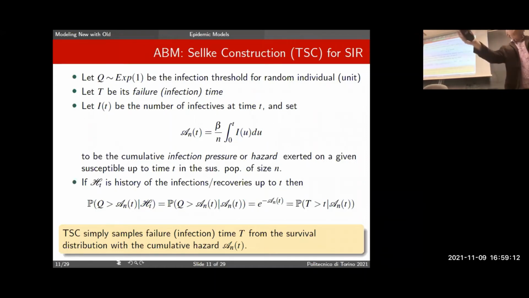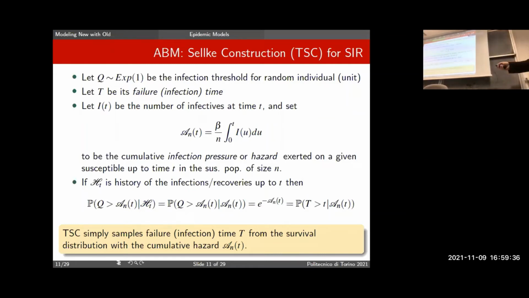So overall, this hazard, if I multiply it by the size of my population, doesn't depend on n. And if I do this, then I can develop a rule that will allow me to say, and this is important, at what time a single individual who is initially susceptible will become infectious, if ever.